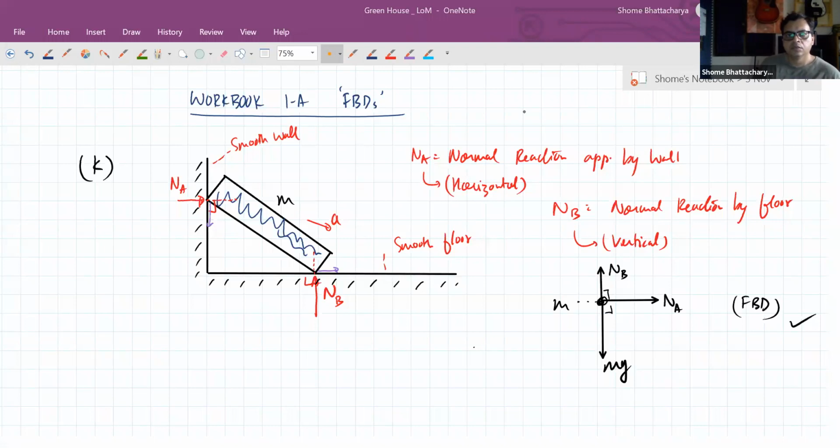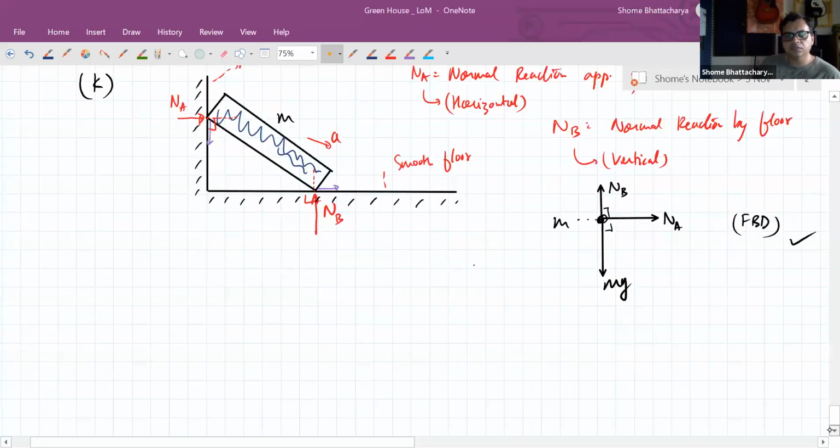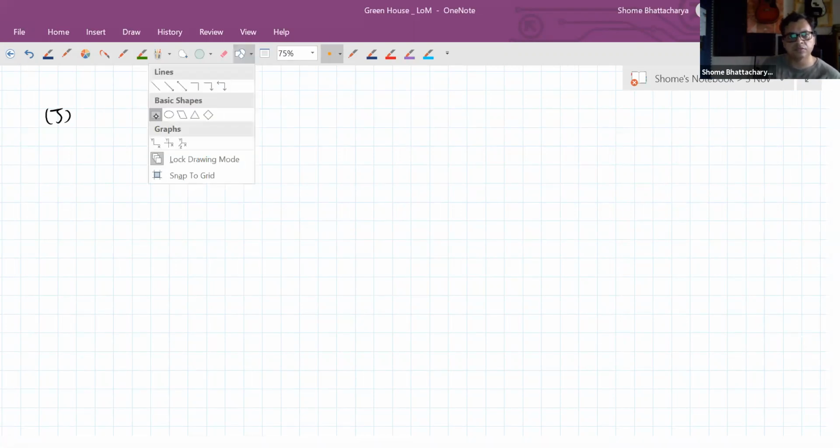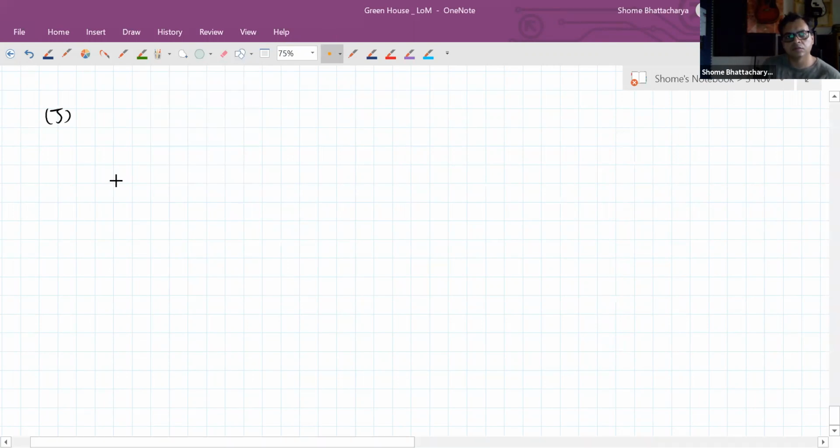Okay. Now the other one is a little bit of a variation of this. So what is happening in that is the option J. So it's like, we have like a corner point on the wall like this.